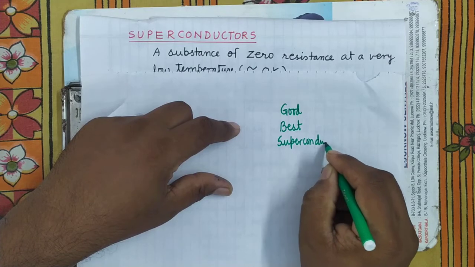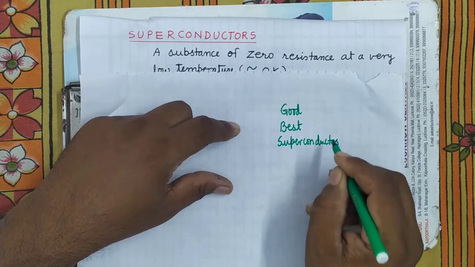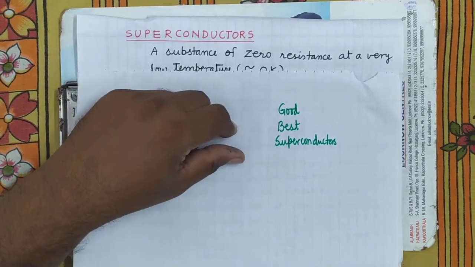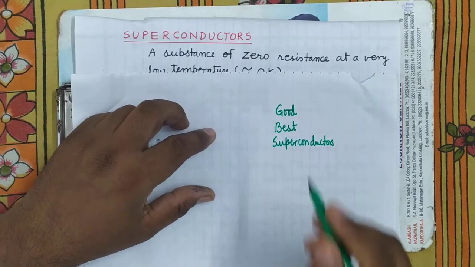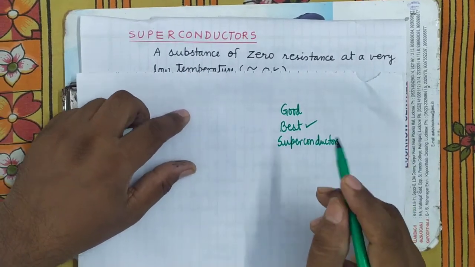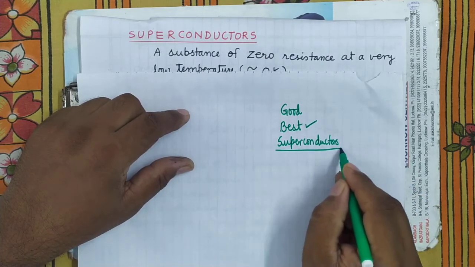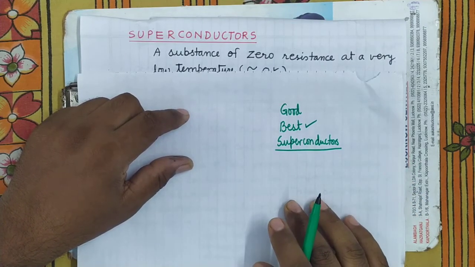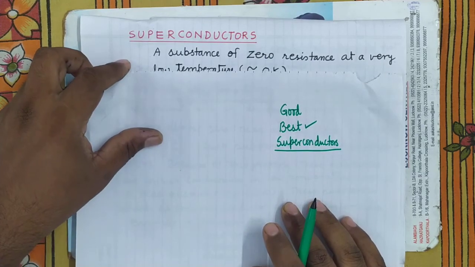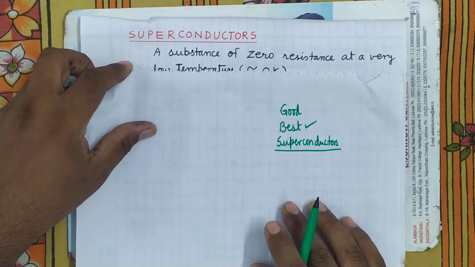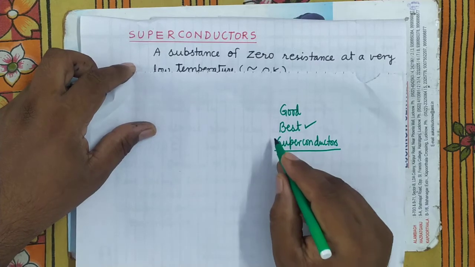Superconductors are those whose conductivity is very, very high, much higher than the best conductors, meaning they offer almost negligible resistance. Such conductors are called superconductors.